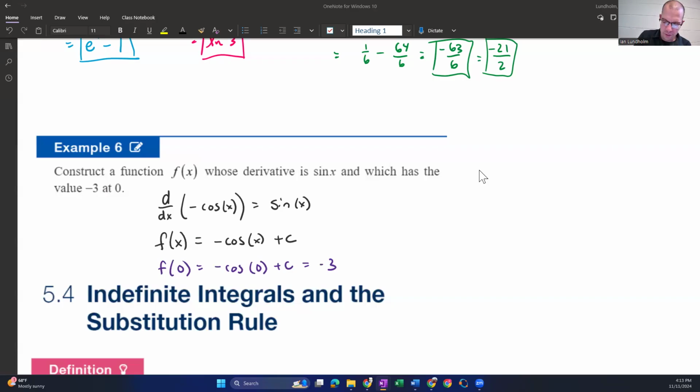And now we're solving for c. Cosine of 0 is 1, so we've got -1 plus c equals -3, so that c is equal to -2. Looks pretty good. So we would have negative cosine x minus 2 as our function.